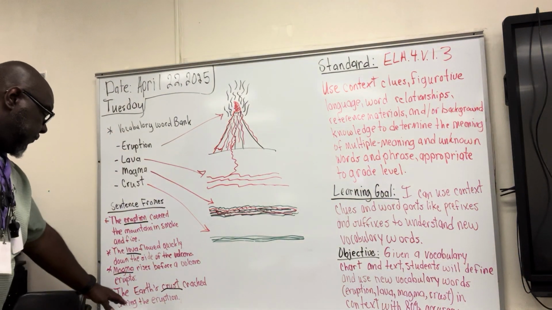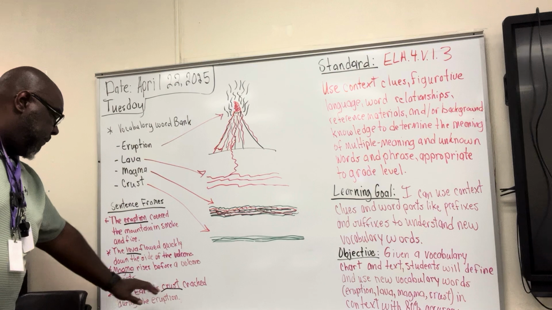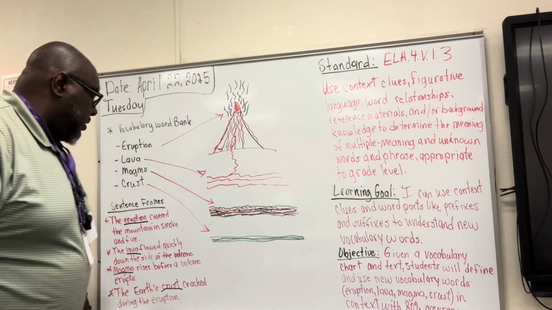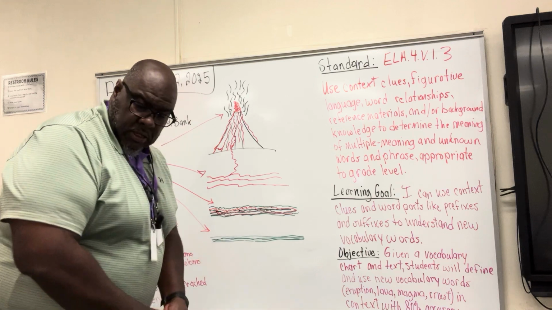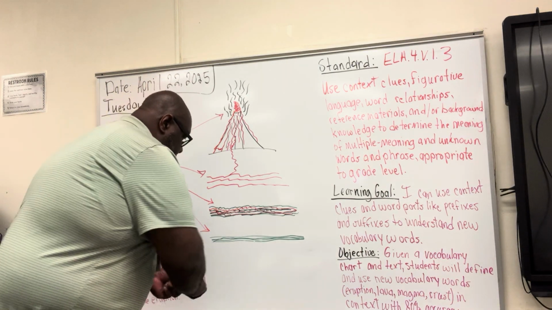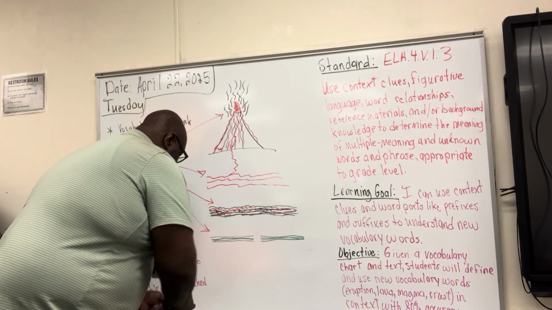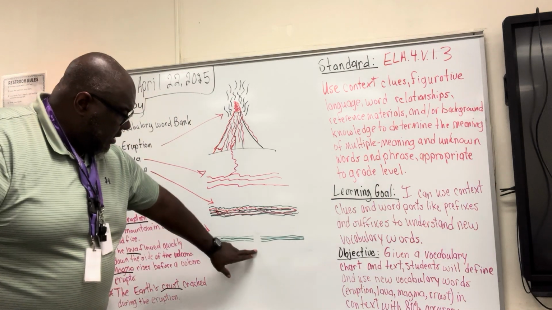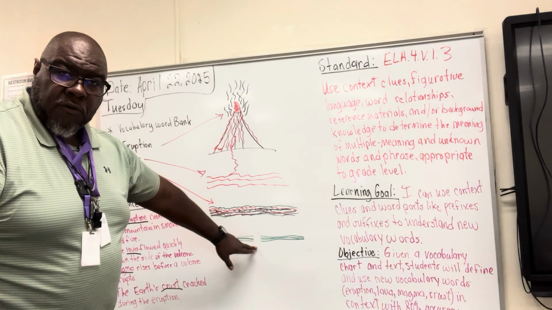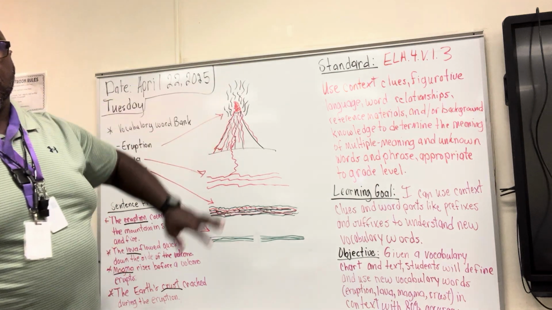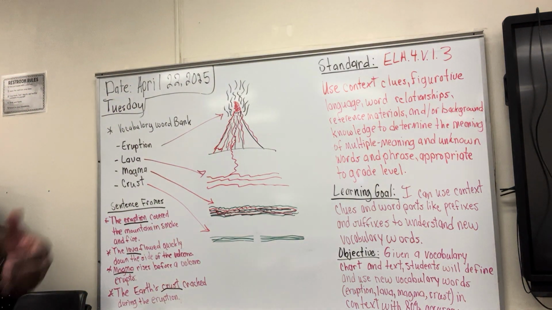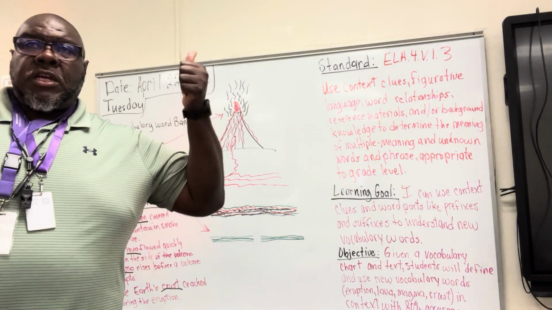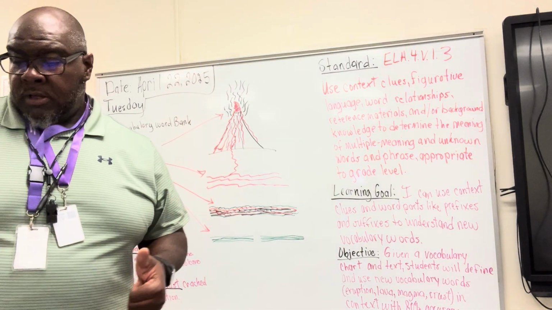The fourth one, the earth blank cracked during the eruption. We're talking about the crust of the earth, which is here. Just imagine if we had a crack. Boom, it cracked. Now it has an area for it to flow, and then it's going to make its way up to the eruption through the volcano. Easy peasy, everybody got it? Shake your head, yes, no, thumbs up. All right, cool.